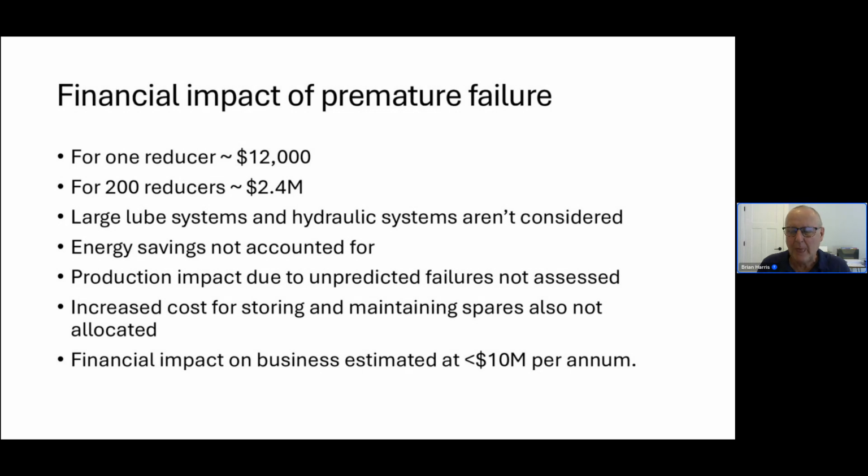Because your equipment is failing 3 times faster than it should, you need more space. So that's also a cost. The financial impact on this business is estimated at probably larger than $10 million per annum. That's a huge cost which basically goes under the radar because the company isn't aware of it until now, because I've just told them.